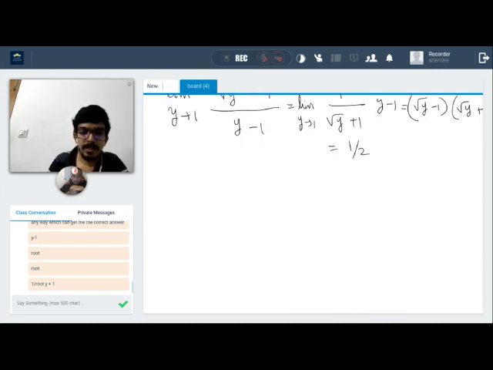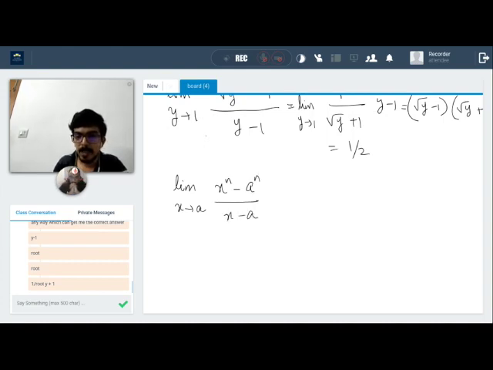We have the standard result: limit x tends to a, x raised to n minus a raised to n by x minus a, is n a raised to n minus 1. This is a very popular result. This is a standard limit. Now this question can be written in that way.